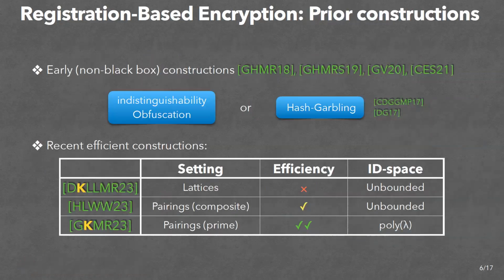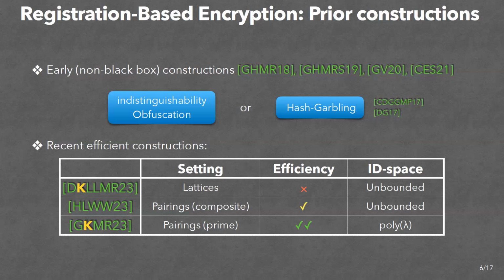Now, going to the actual constructions of the primitive, the early realizations relied on heavy cryptographic tools, such as indistinguishability obfuscation or hash garbling, which is a very nice cryptographic method, really, I would say, a breakthrough result. However, these solutions were mostly theoretical, like feasibility results.